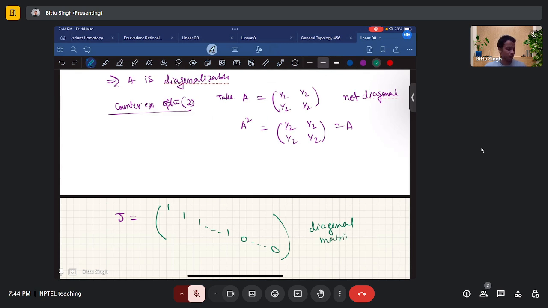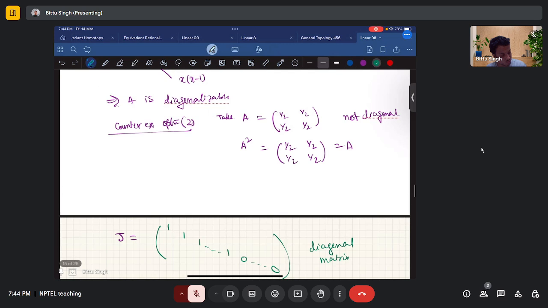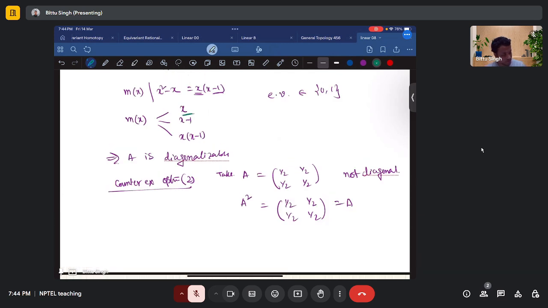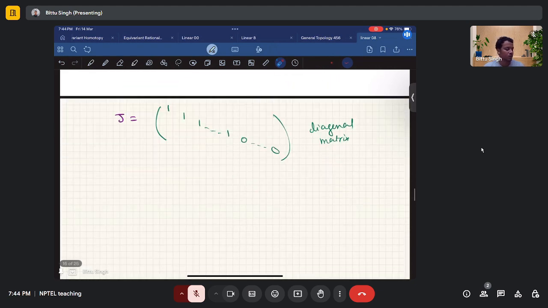It is diagonalizable, as I have already told, because whatever minimal polynomial you choose, the factors x or x minus 1 appear only one time. So as a product of distinct factors, A is diagonalizable. So the Jordan form will take this form.